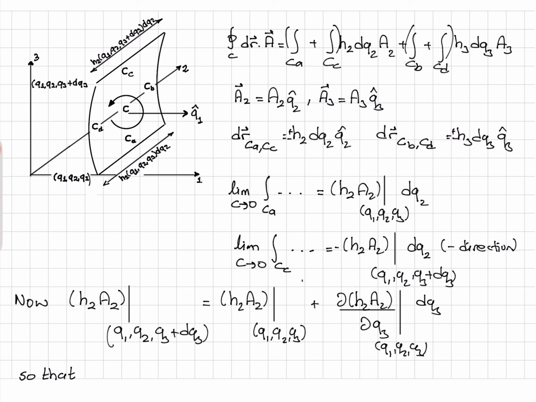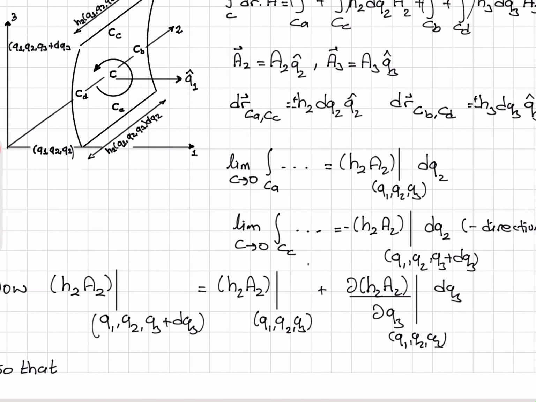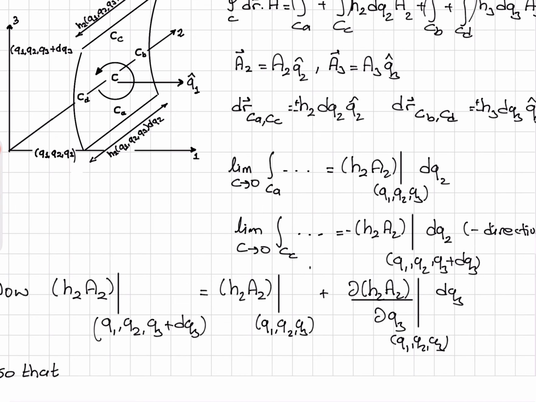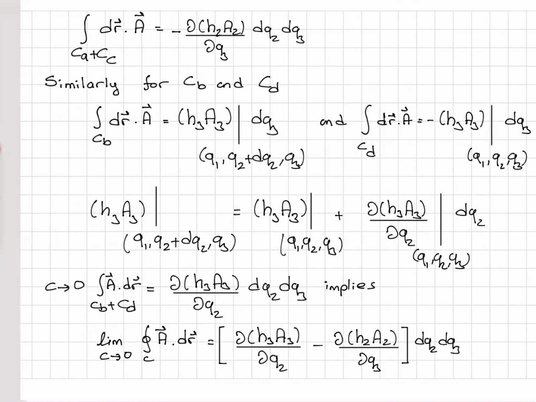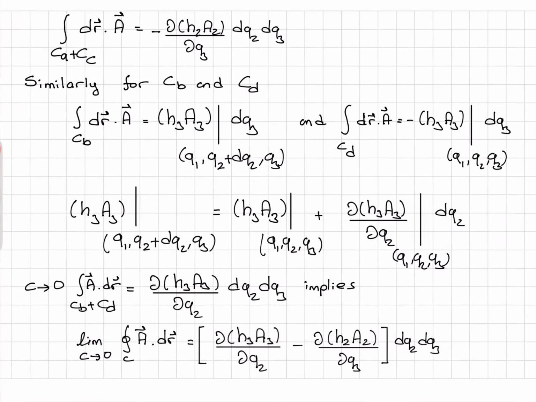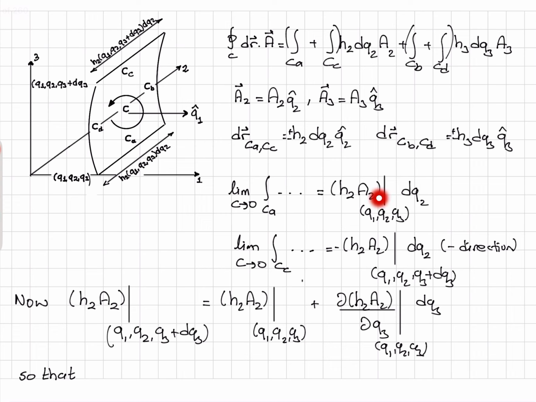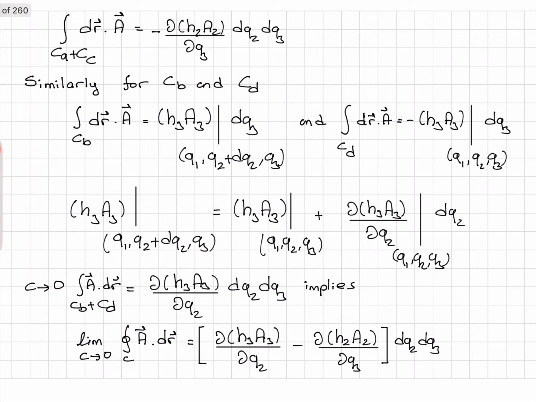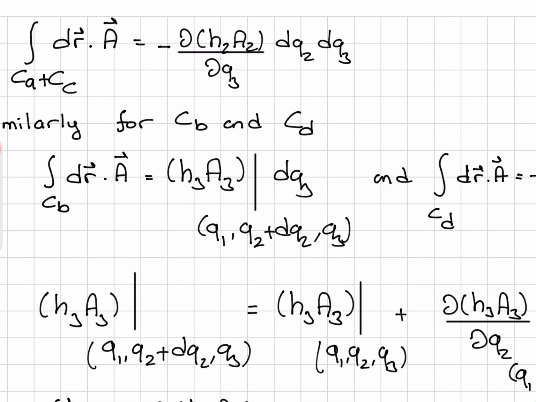If I add these two, for the CC integral I have a minus sign, so it's multiplied by minus dq2, and the other is plus dq2, so they cancel, but I would be left with this term multiplied by minus dq2. So this is what I have: minus dq2 dq3 partial derivative of h2 A2 with respect to q3.